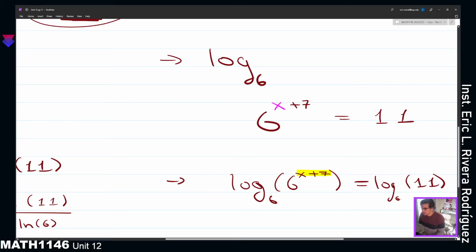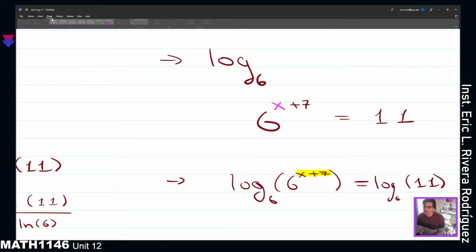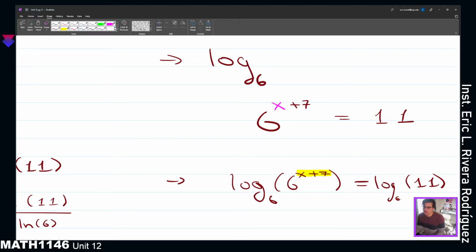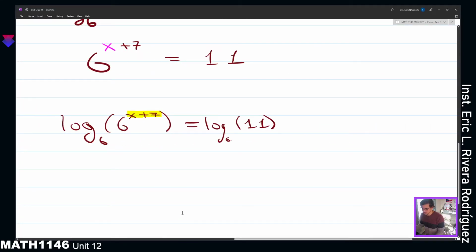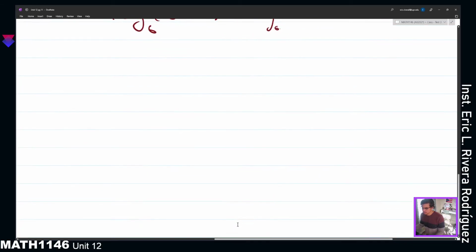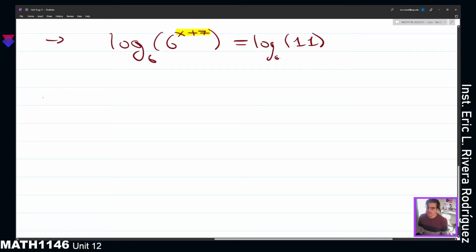Again, the step is exactly the same. Using log base 6, I bring down the exponent using the power property.